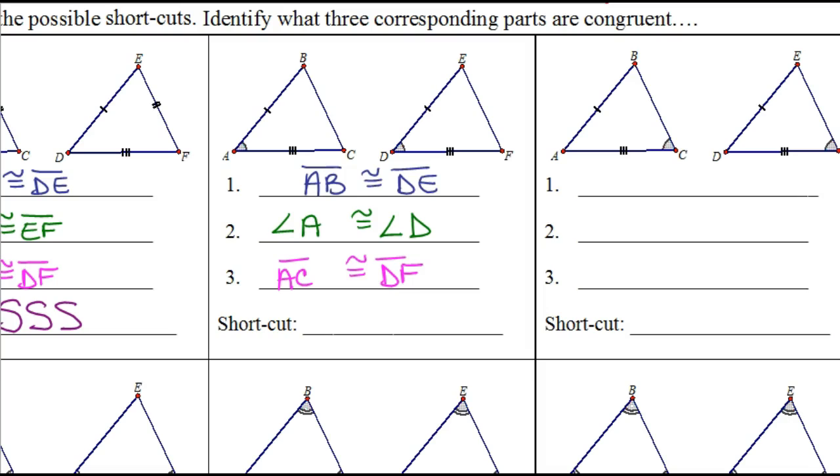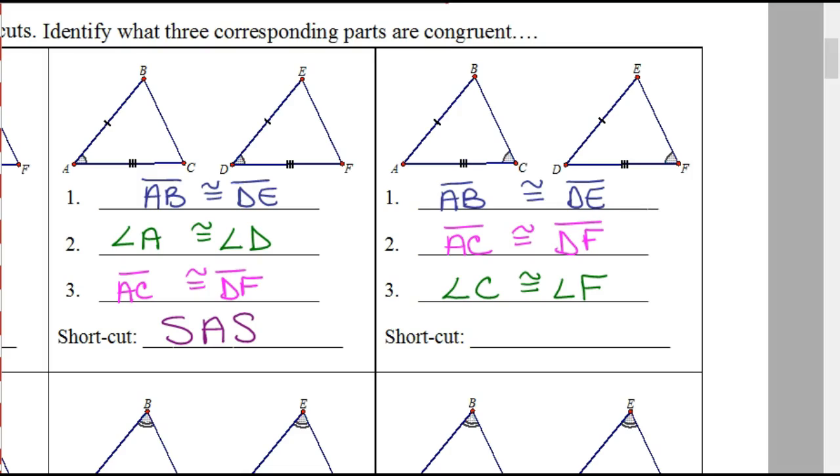In this example, we know that 2 sides are congruent to the 2 other sides, and their included angles. We would abbreviate this shortcut side, angle, side. Is this combination of corresponding parts enough to say that we know the whole 2 triangles are congruent?